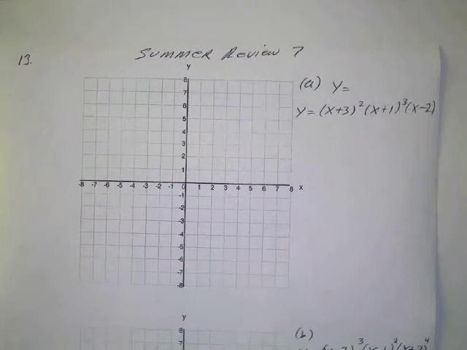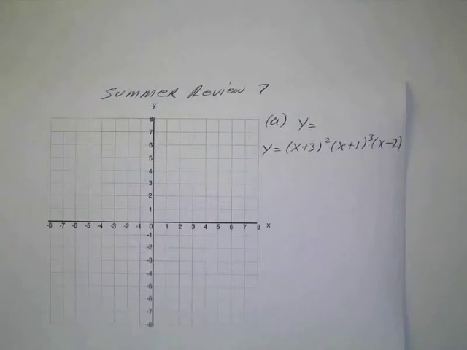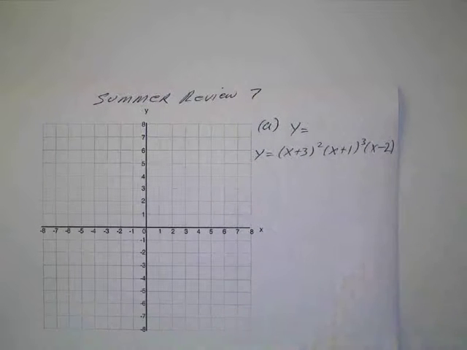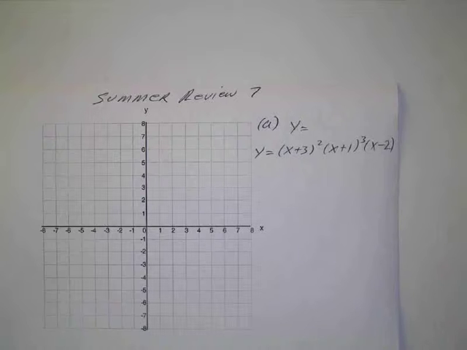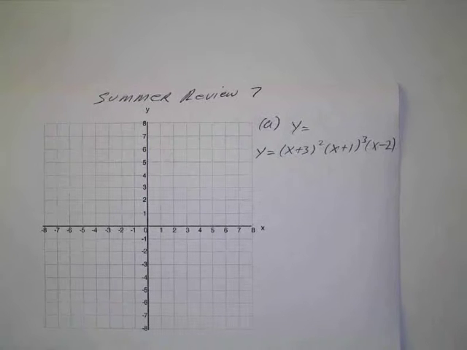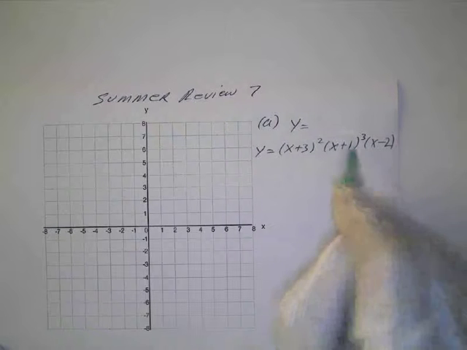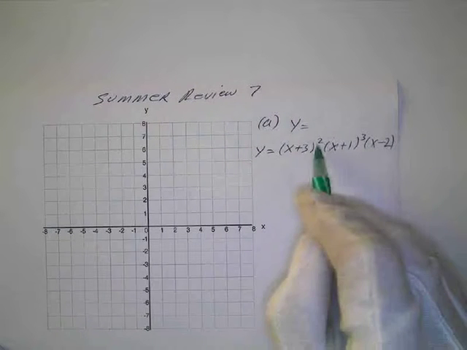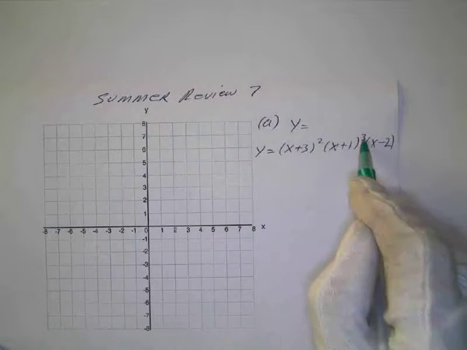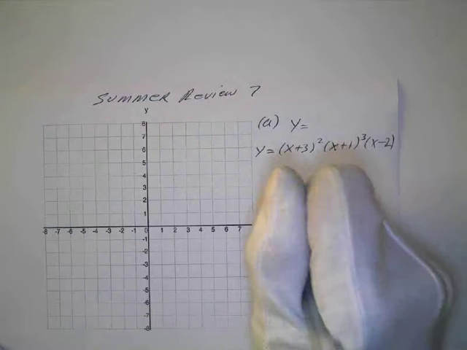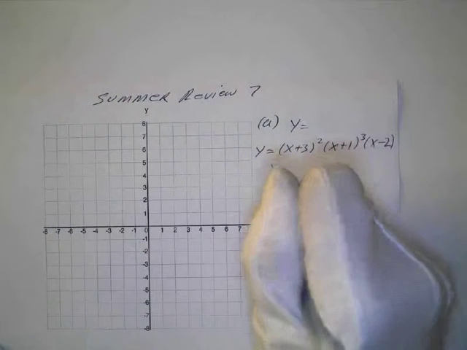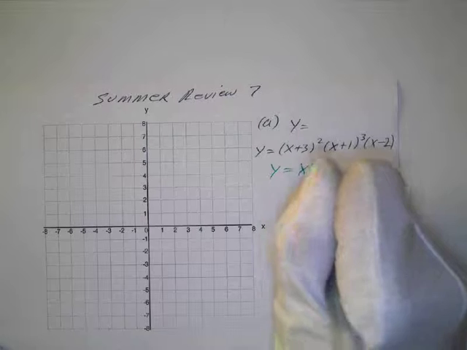Okay, on the calculator. So let's take a look at number 13. Now we want to graph this, and these are just polynomials. First of all, we want to check the end behavior. So we add up all the exponents, and we just don't worry about these numbers, just the x's. This is squared, 1, 2, 3, 4, 5, 6. So this is going to behave like y equals x to the 6th.